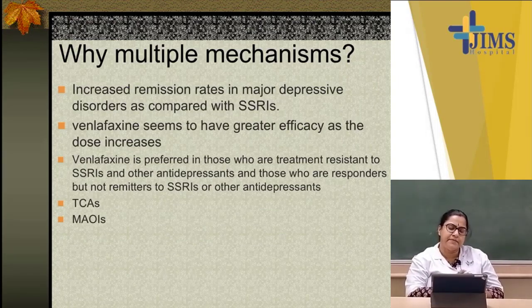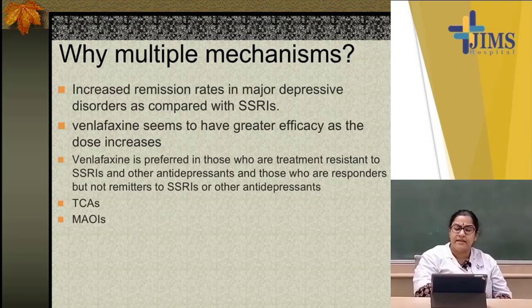Why are multiple mechanisms important for antidepressant drugs? Because the newer antidepressants don't act in a single pathway. Some of the drugs block the alpha 1 receptors, alpha 2 receptors, some block the autoreceptors, and some have an action like the tricyclic antidepressants. So there are different mechanisms of action.